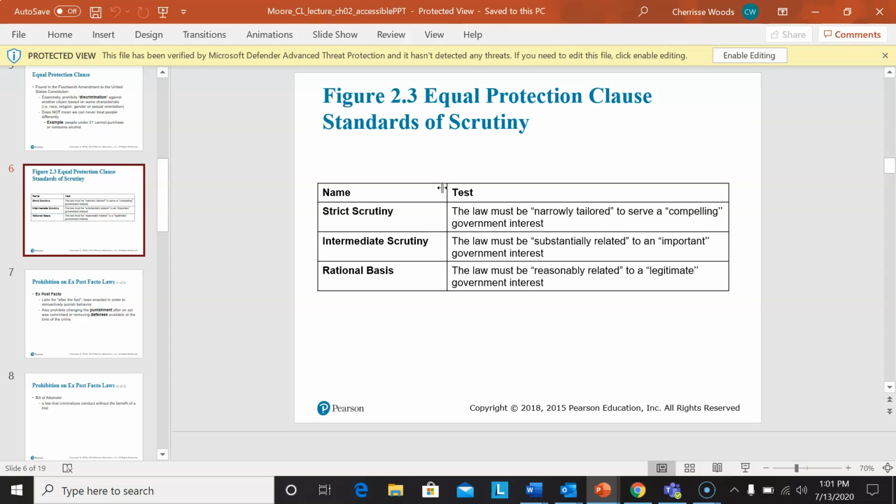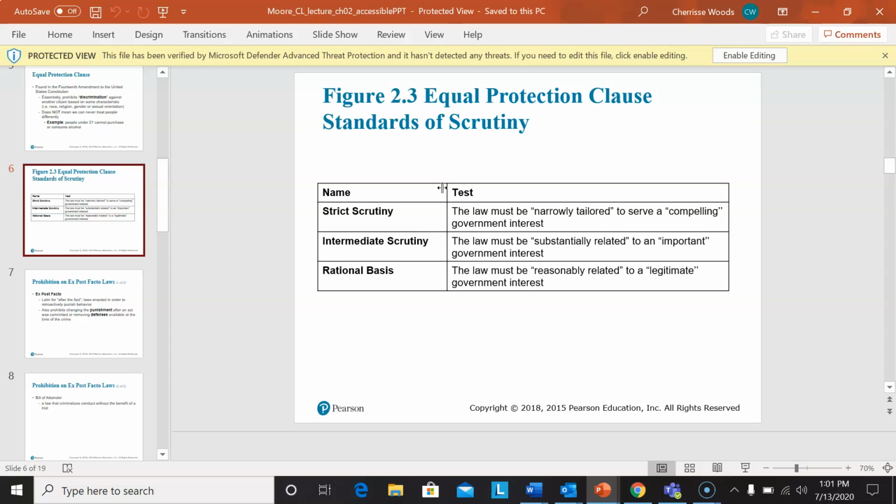Anything else, such as sexual orientation or age, if the regulation is discriminating against that, then rational basis is what we will use as the test to determine whether or not that law is constitutional. The example that I gave to you was that the legal drinking age in the United States is 21.